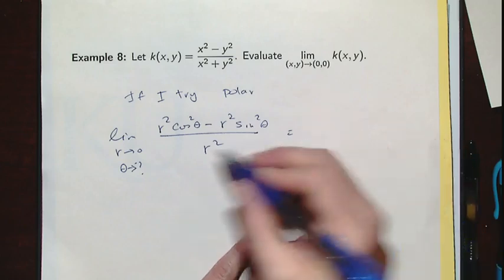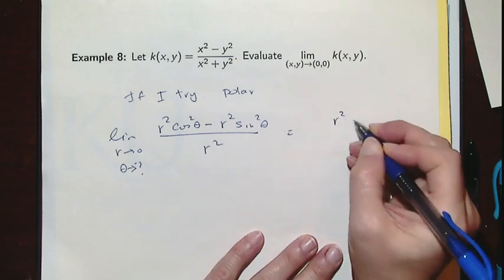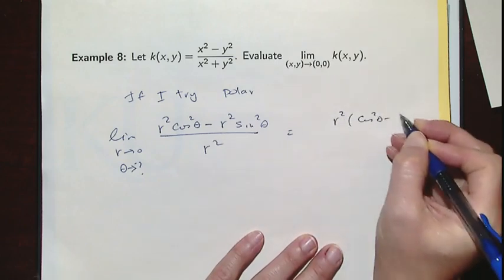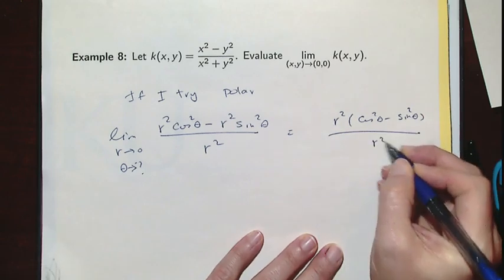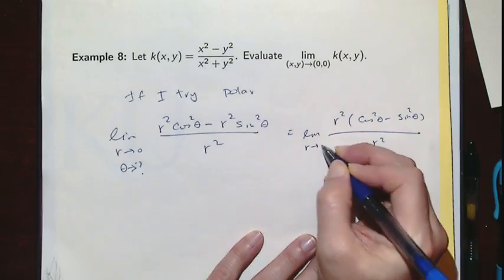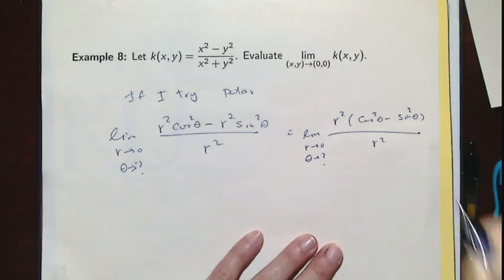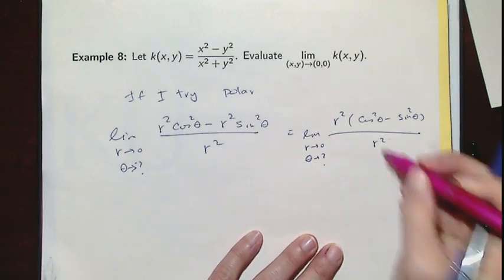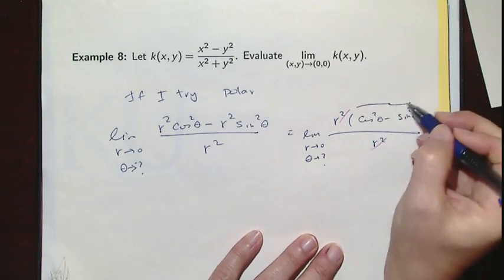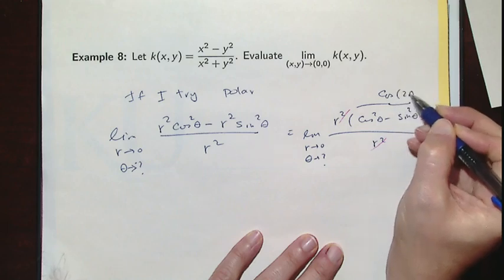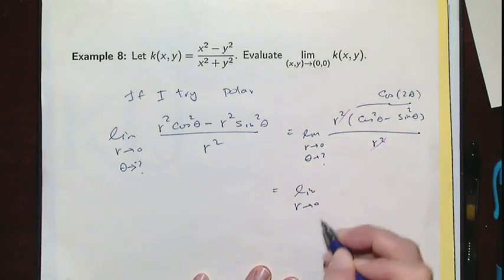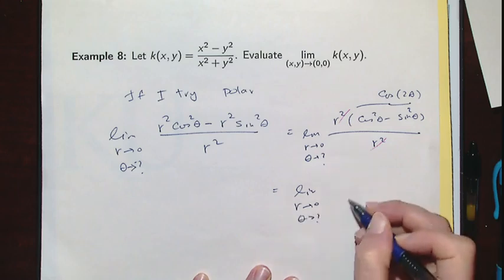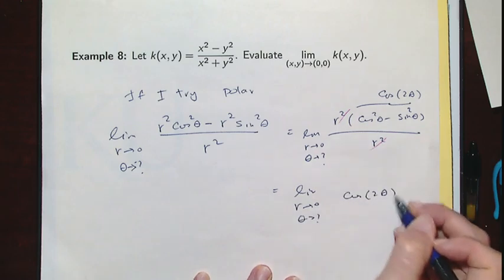But when I do that and I factor r squared on top, this trigonometric function should look familiar to you. What is that? Cosine 2 theta. So I get the limit as r goes to 0, theta goes to whatever, of cosine of 2 theta.